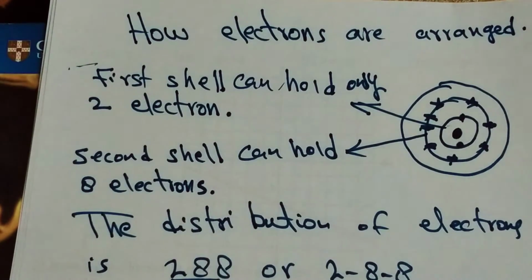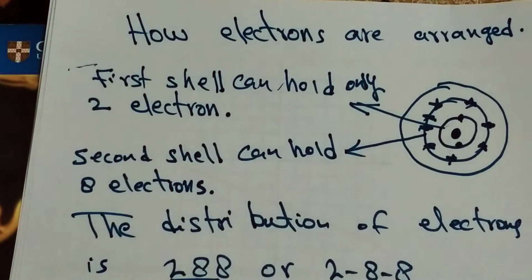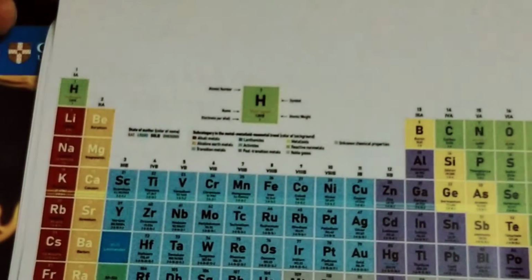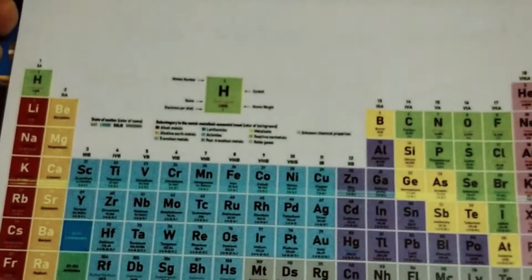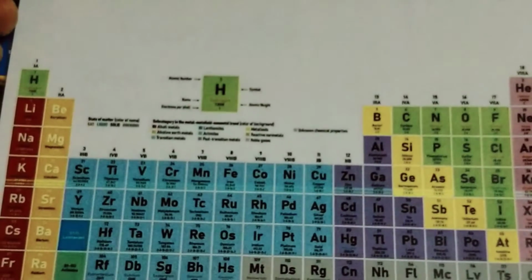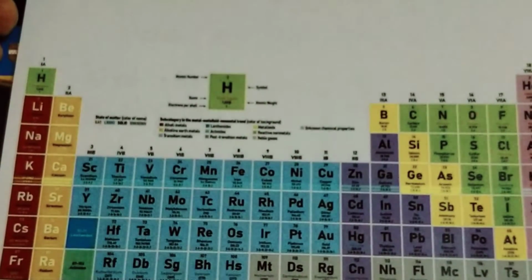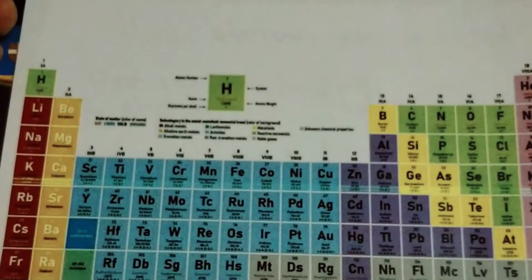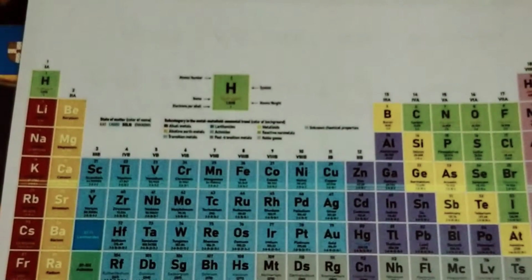If you look at the periodic table, I will show you just a minute. This is a periodic table. In the periodic table you can see we have different groups and periods.